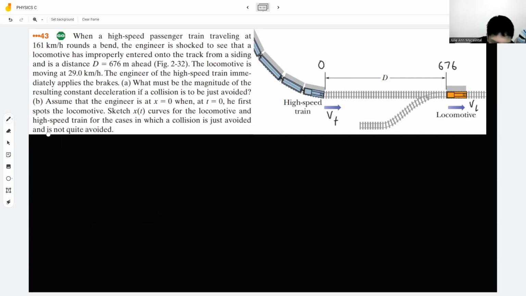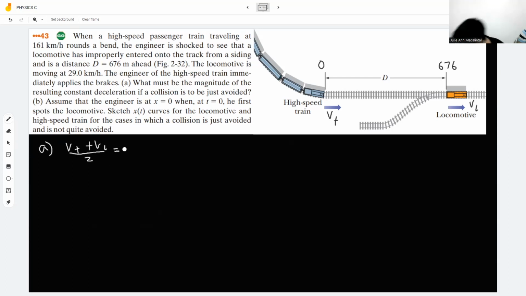So I think, okay, it should be the acceleration. Okay, average velocity.